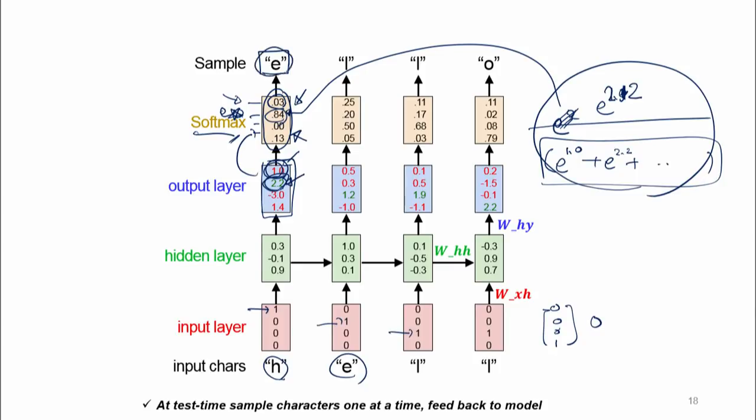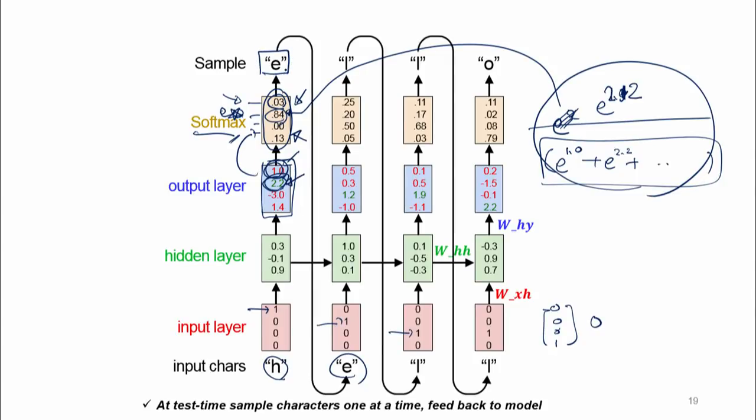And then this generated output will be used as the input at the next time step, and through this process we continuously predict or generate the next coming character in this model. So this is the character level language model that can predict the next character given the previous sequence of characters. And this was done by this recurrent neural network or RNN module.